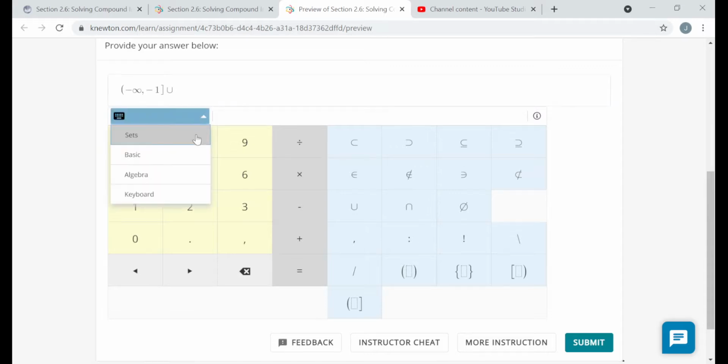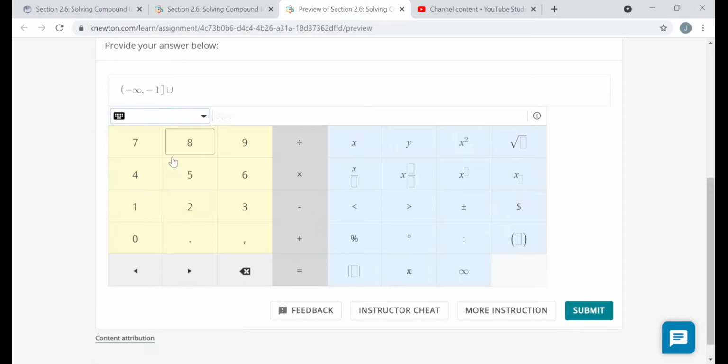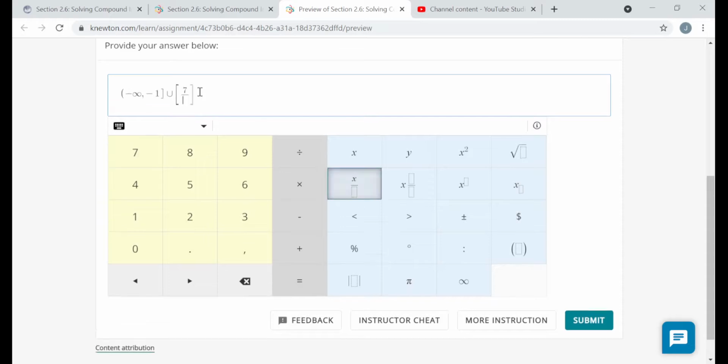Alright, and then I need infinity again, so I'm going to go back to the basic menu, and our second interval had a bracket, 7/4, comma, infinity, and then a parenthesis. And there's the interval notation for the solution set to this compound inequality.